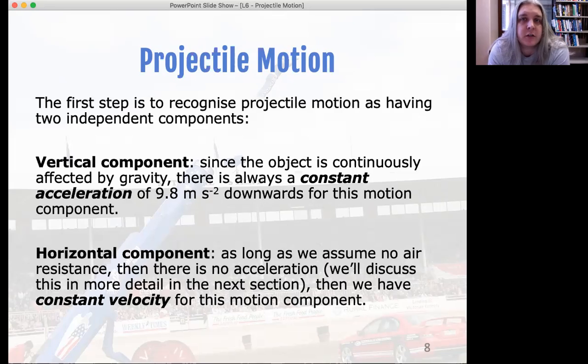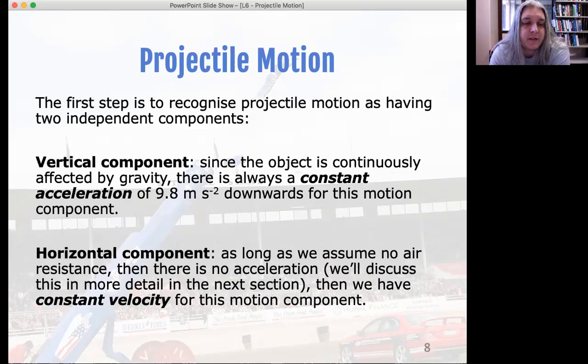In the vertical direction, any projectile is always going to have a constant acceleration of 9.8 meters per second squared downwards. That's either positive or negative, depending on your frame of reference, but it's always downwards. In the horizontal component, as long as we're assuming no air resistance, there's no acceleration. There's nothing causing the velocity of a projectile in the horizontal direction to change.